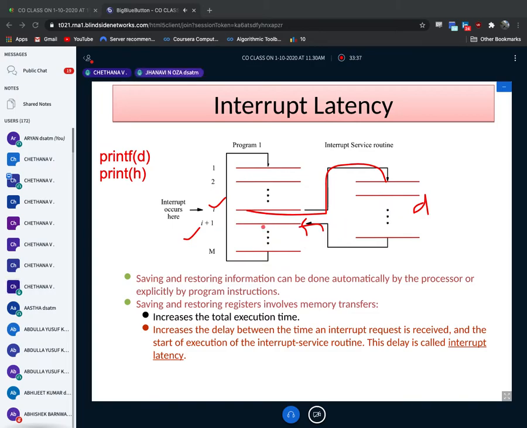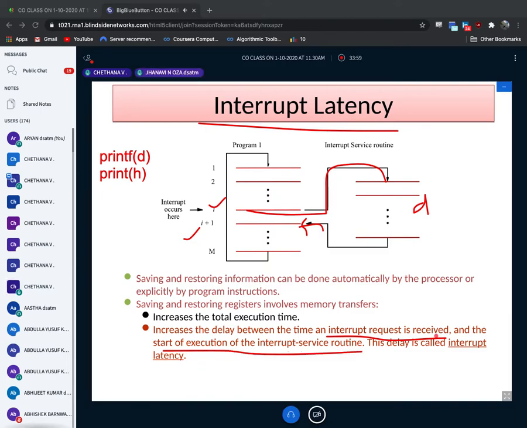Some time went off here itself, and it will go to the printer, print the data, and come back. So this time is there, and that is known as latency. I think you are able to understand. It increases the delay between the time an interrupt request is received and the start of execution of the interrupt service routine.